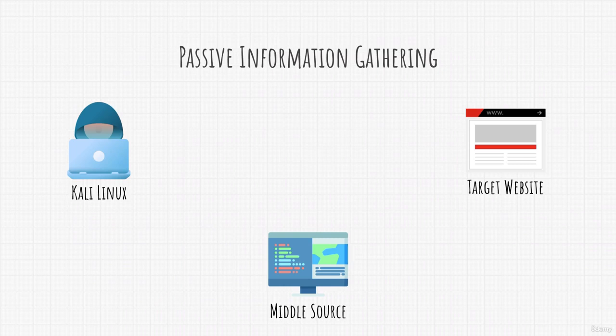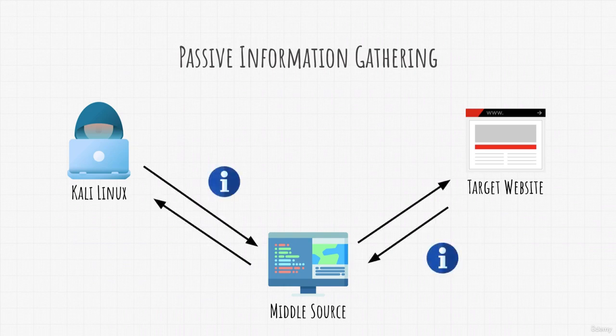It could also be a person, but what matters is that the information we get is going through that middle source. For example, if we want to find out something about a certain target, and we Google that target to find some pages that contain information about it, this is considered passive information gathering.